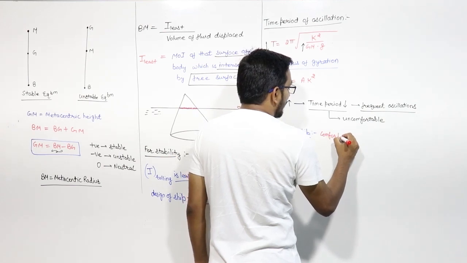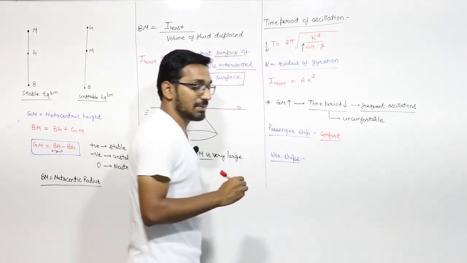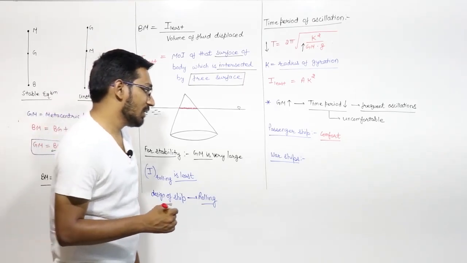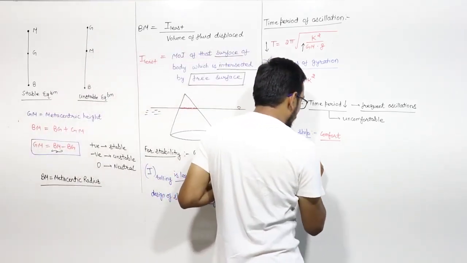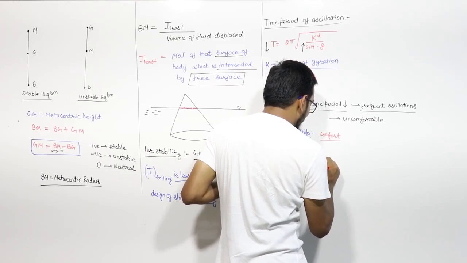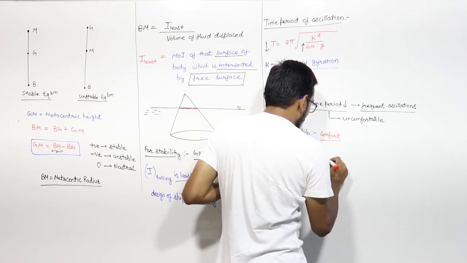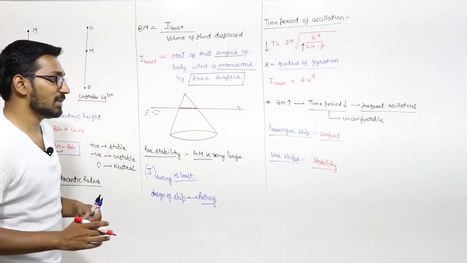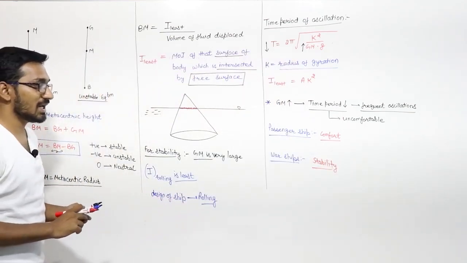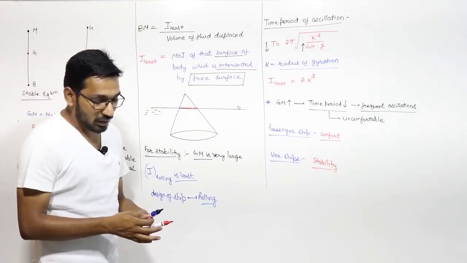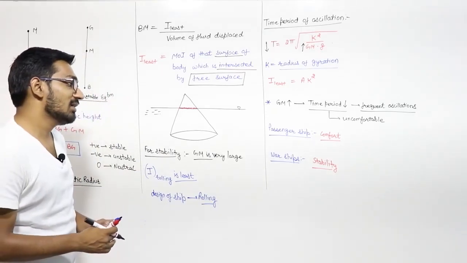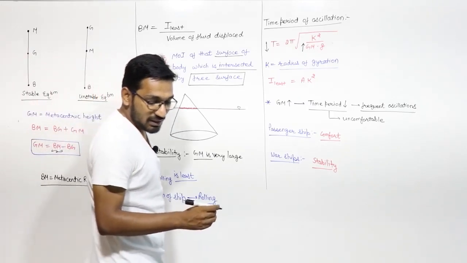We want the passengers to feel comfortable when they are traveling through the ship. But in the warship, our most priority is stability. During the war, we won't allow the ship to be unstable. We want stability. So in the warship, the metacentric height is more than in the passenger ship.